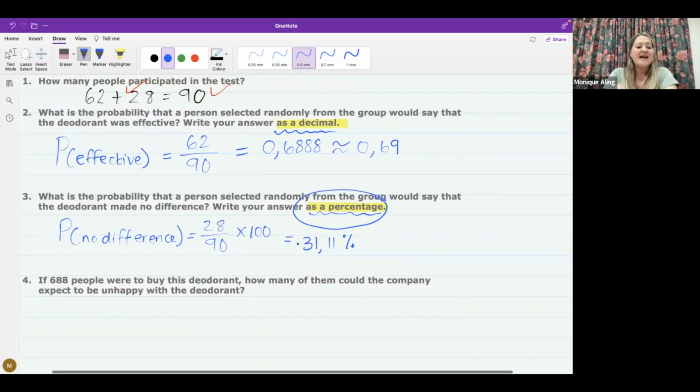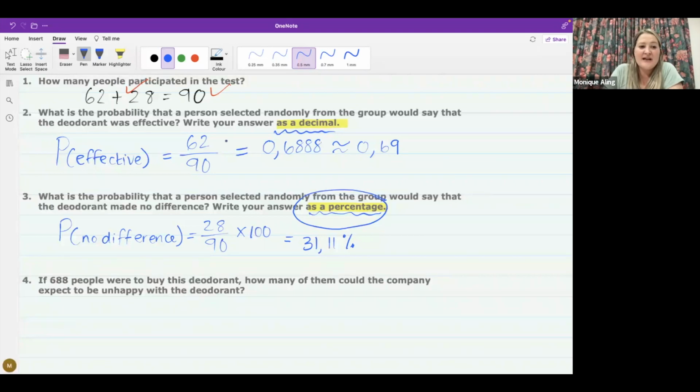Cool. Let's try question 4. It says, if 688 people were to buy this deodorant, how many of them could the company expect to be unhappy with the deodorant? So now we have an actual number of people buying.